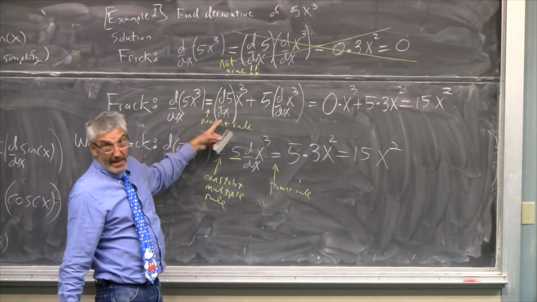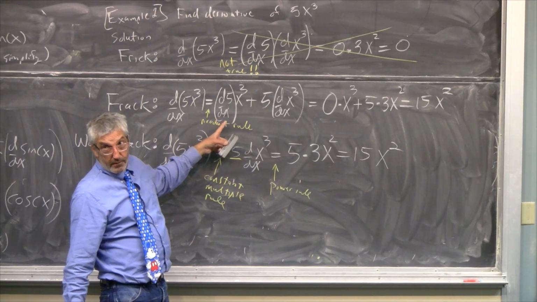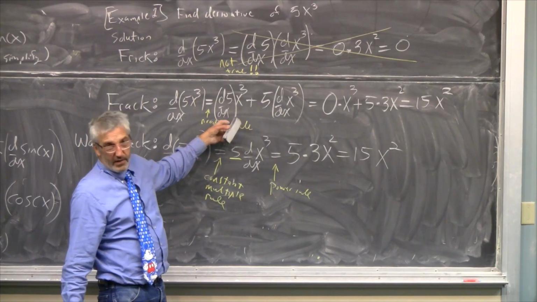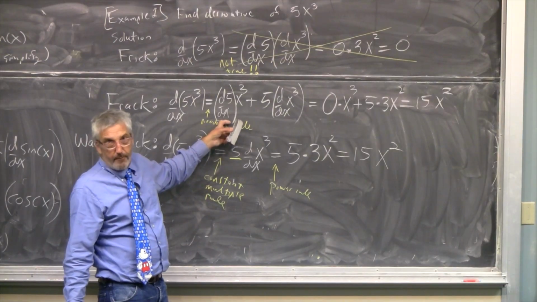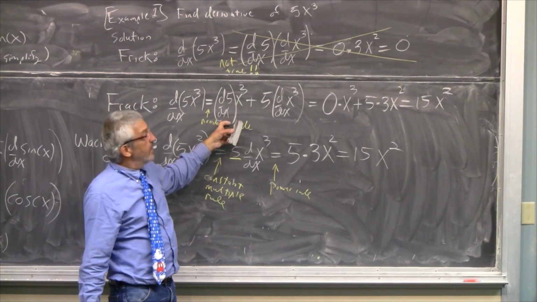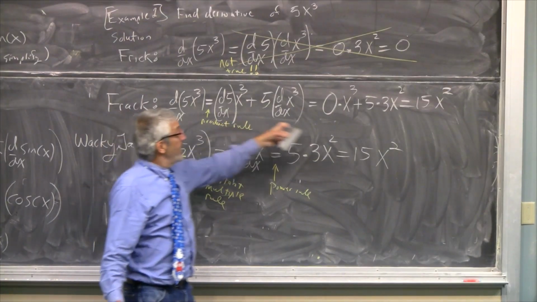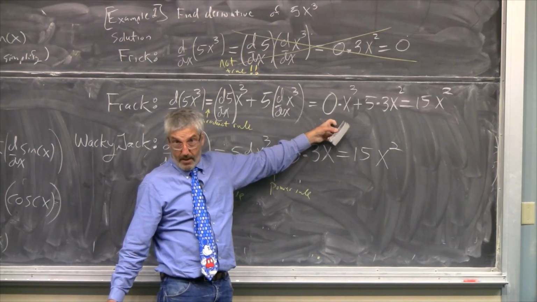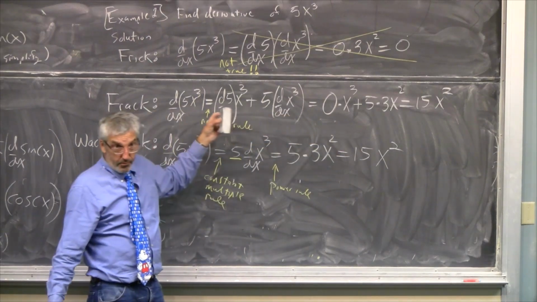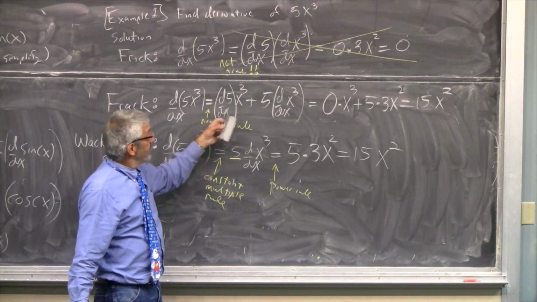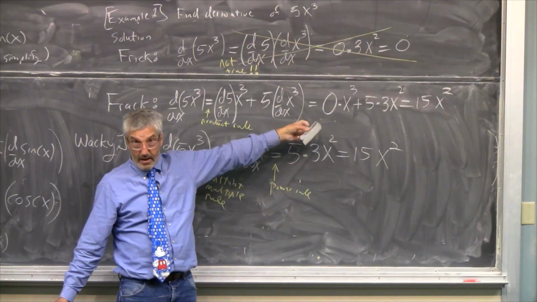Now I'll tell you, in the heat of quizzes or exams, students will often make a mistake. They'll say the derivative of 5 is 5, or they'll say the derivative of 5 is 1, or they might say the derivative of 5 is 5x. There are all sorts of ways to make a mistake in this step. So even though the product rule is not killer, this gives you opportunities to make a mistake.